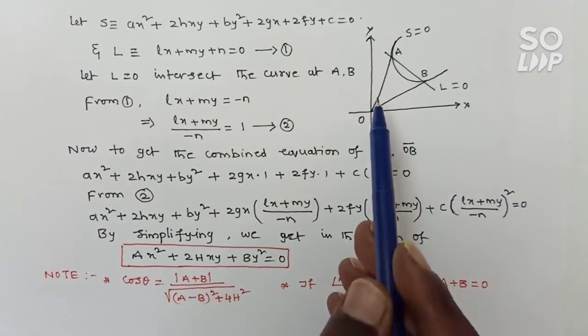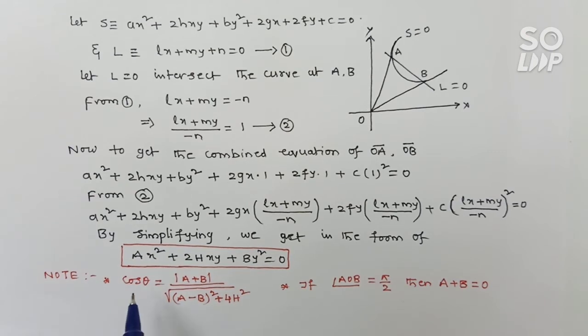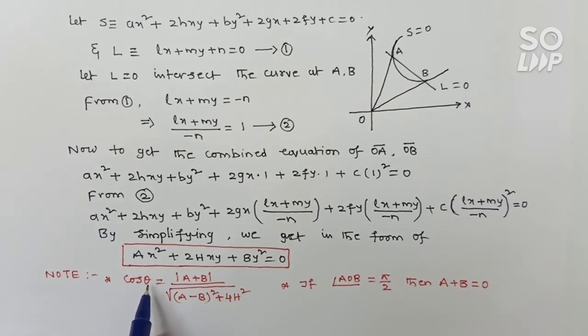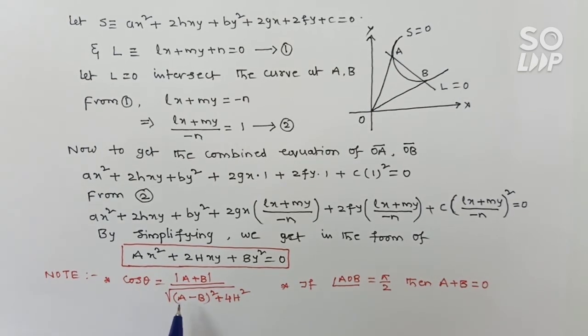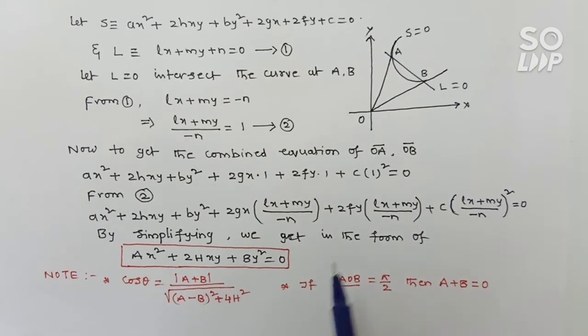Suppose these two lines are parallel or coincident lines. Parallel or coincident lines means theta is equal to 0 degrees or 180 degrees, and you will get h square is equal to ab. What is the condition for the parallel or coincident lines?